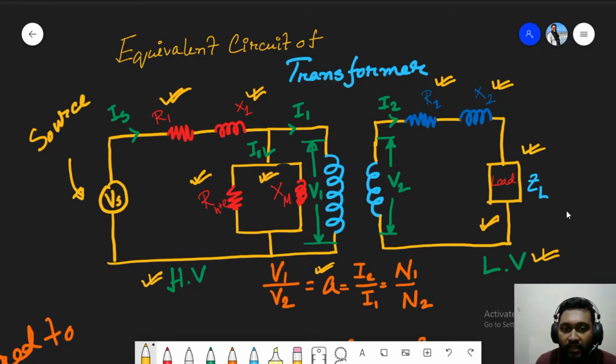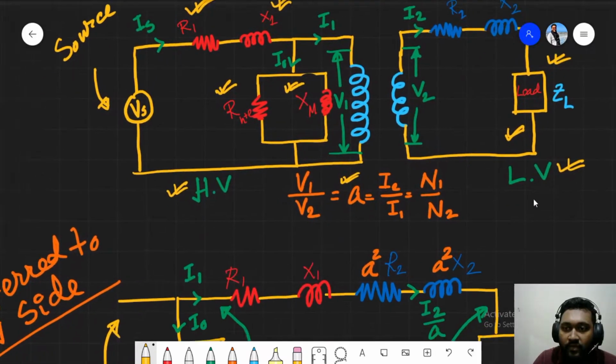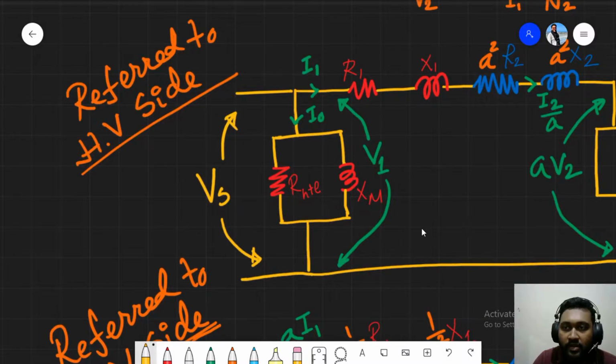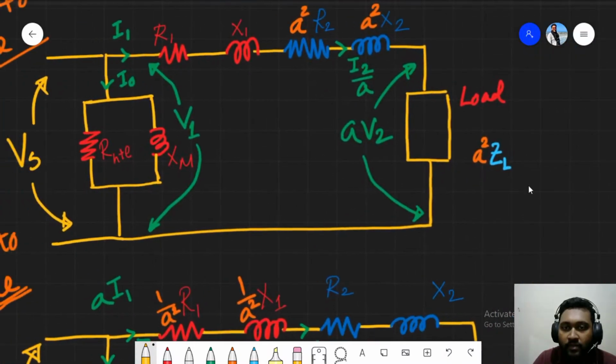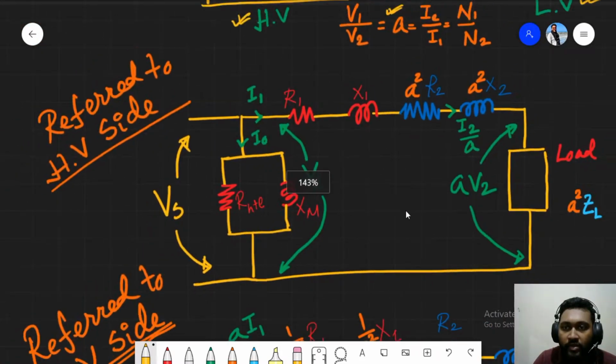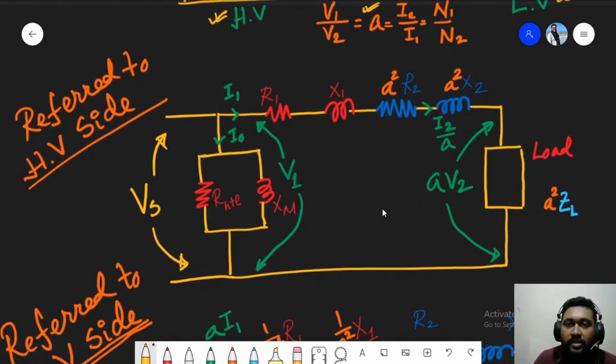So let's see if we consider this equivalent circuit from our high voltage side. Here I have drawn our equivalent circuit referred to the high voltage side.